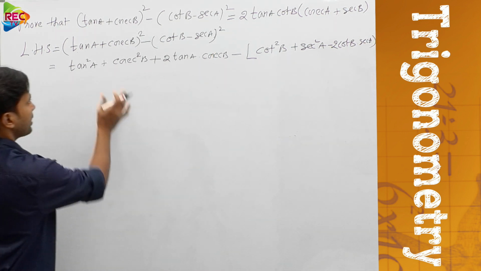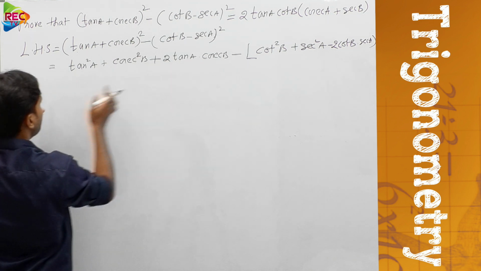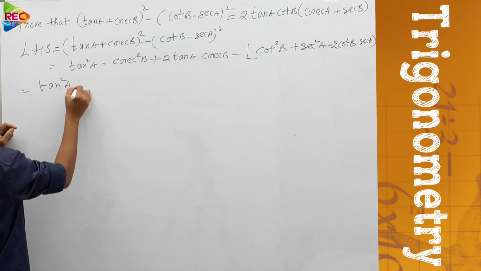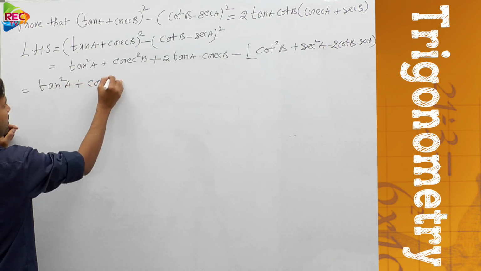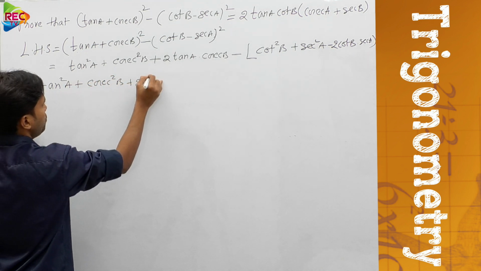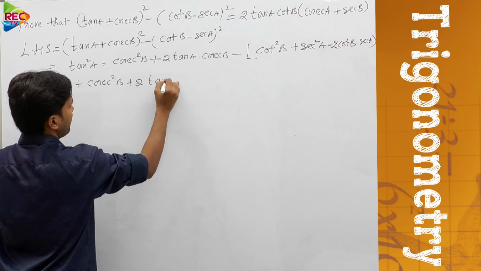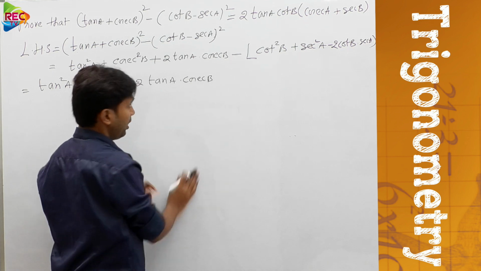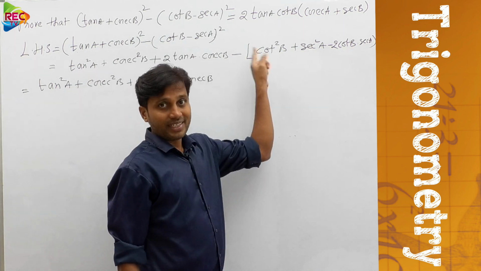Write all the expression as it is: tan² A + cosec² B + 2 tan A cosec B. Now multiply with the minus symbol.